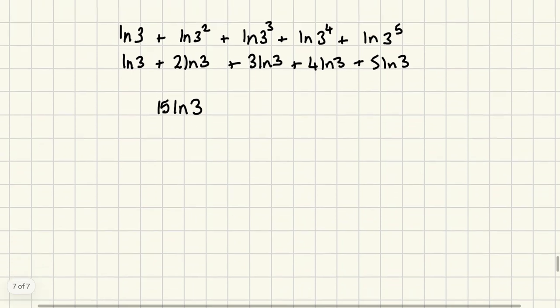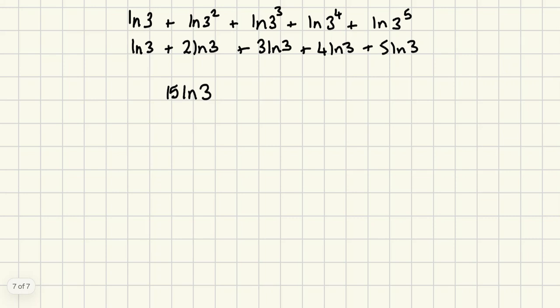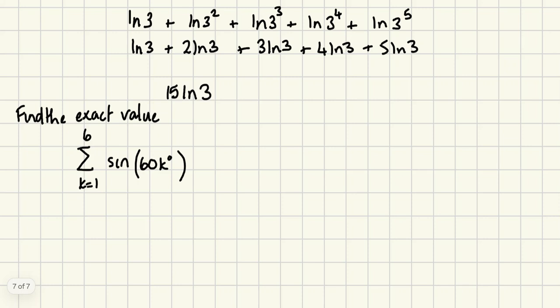I'll leave you to do one yourself. I need the exact value of the sum from k equals 1 to 6 of sine of 60k. So the first term is the sine of 60, plus the sine of 120, plus the sine of 180, plus the sine of 240, and so on.